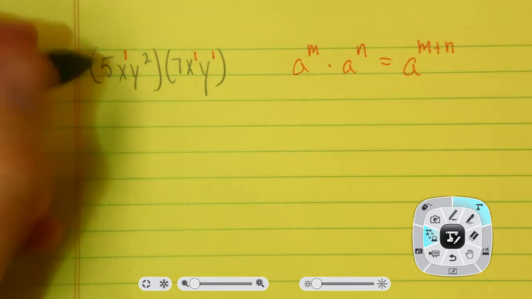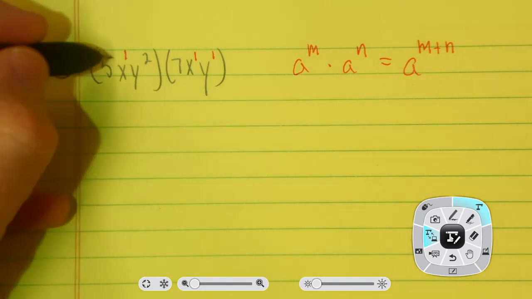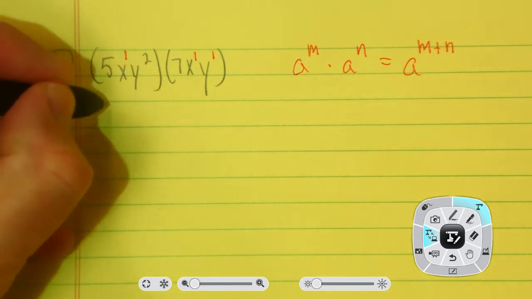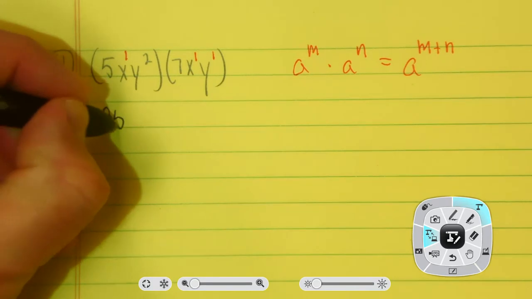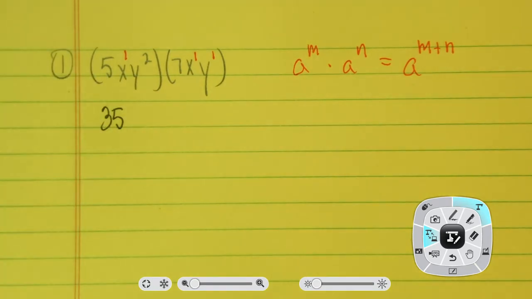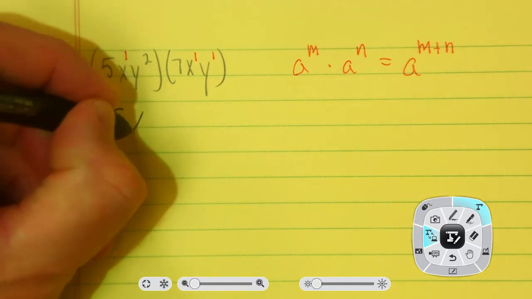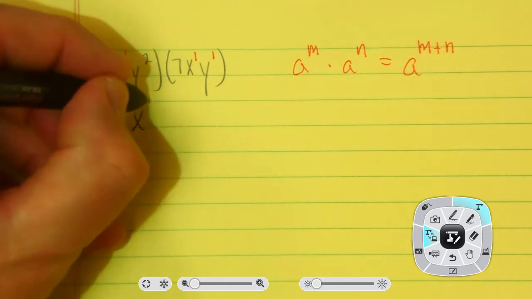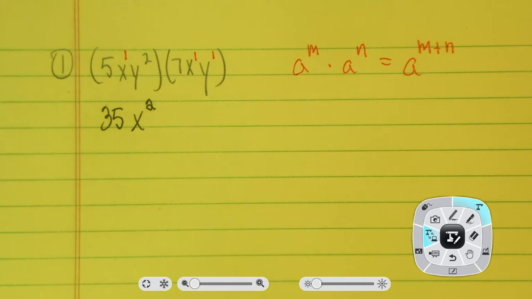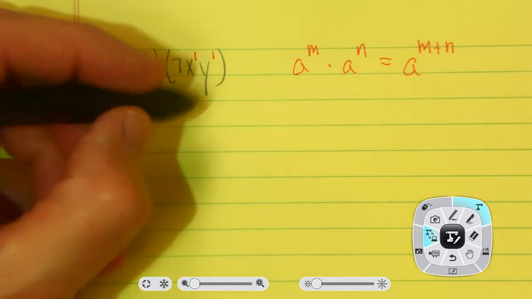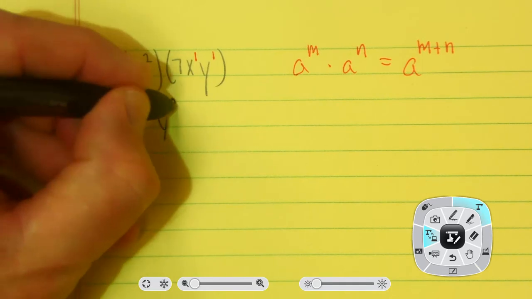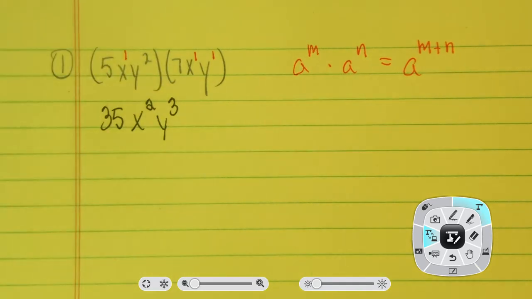So to multiply these two monomials, I'm going to say 5 times 7 is 35. That's pretty straightforward. X to the first times x to the first is 1 plus 1, or x squared. So jot that down, please. And then y squared times y to the first is y to the third.